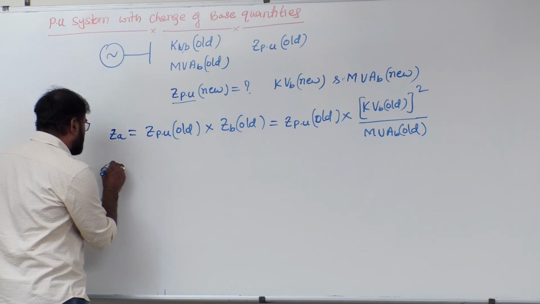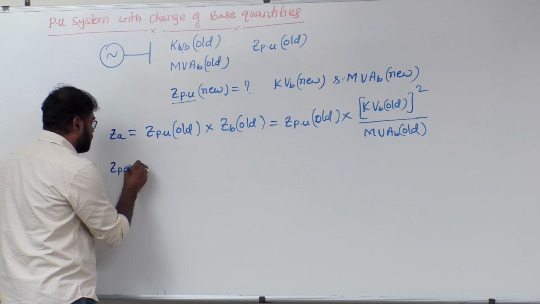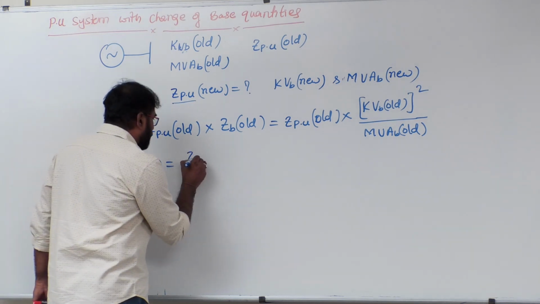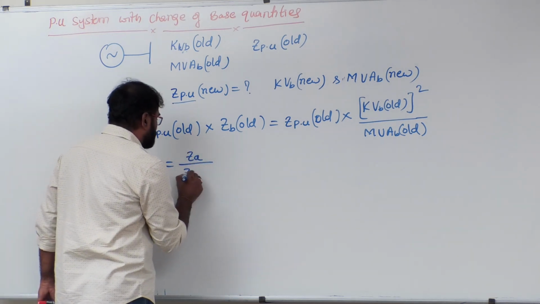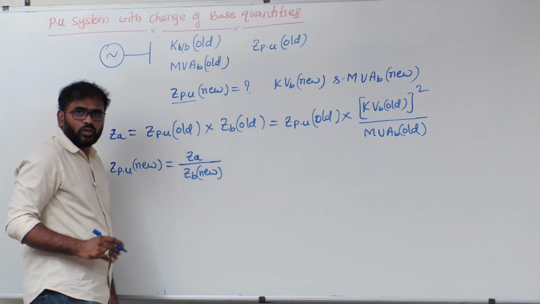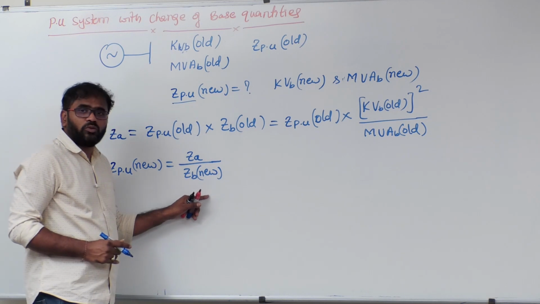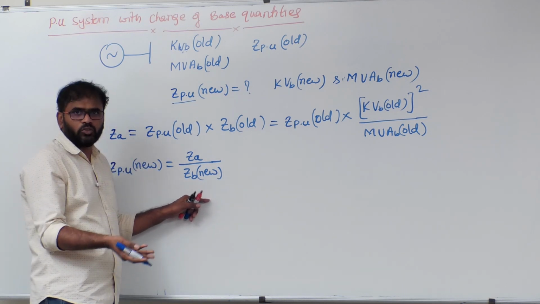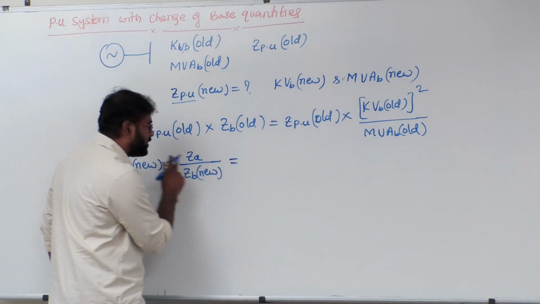So Z per unit new is equal to Z actual divided by Z base new. Clear? But what is Z base new? KVB new whole square by MVAB new. So that is what I am going to substitute here. But what is the Z actual?